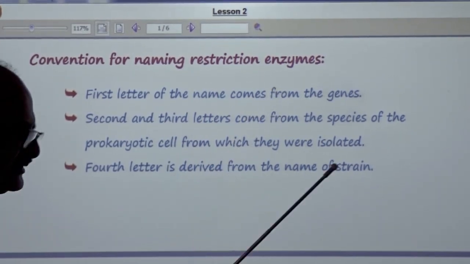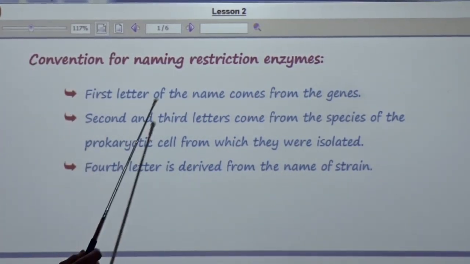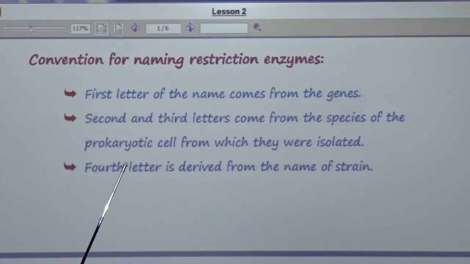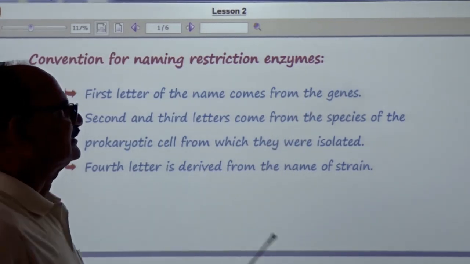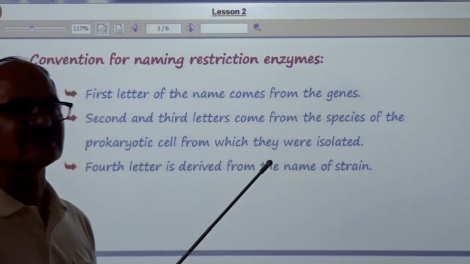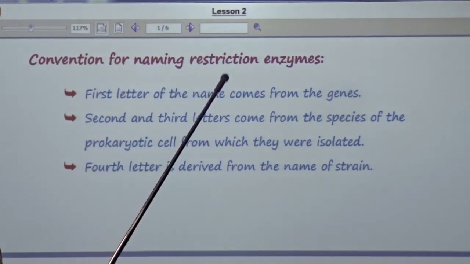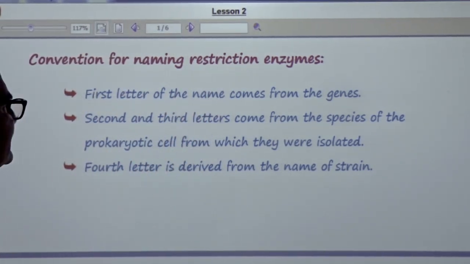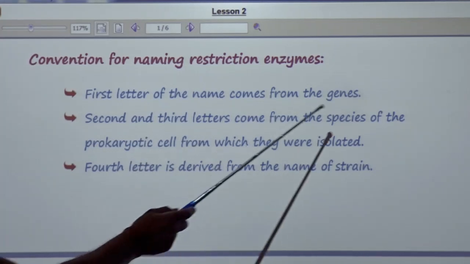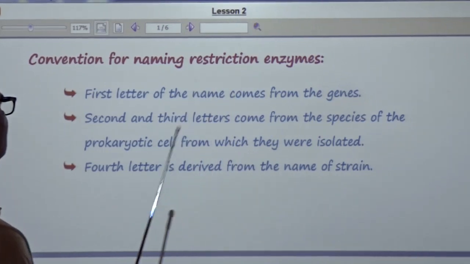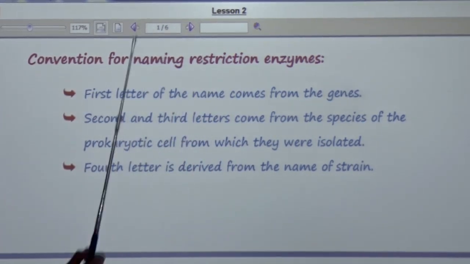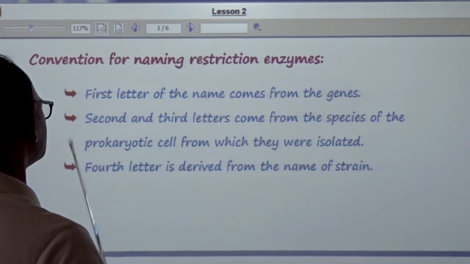So how is the name of the enzyme kept? The first letter of the name comes from the genus, that is E, from Escherichia, a bacterium. So the first letter of the name of a restriction enzyme comes from the genus.